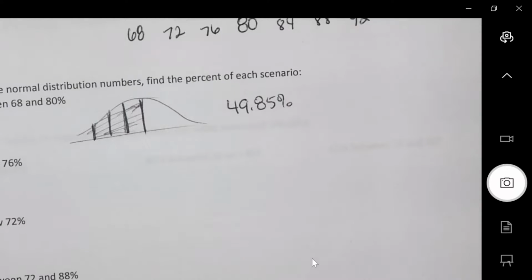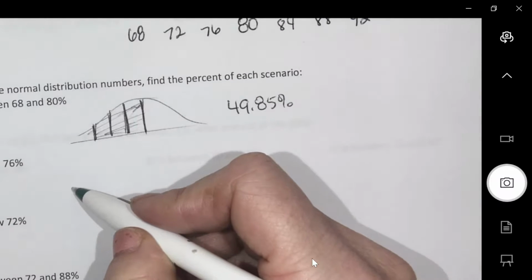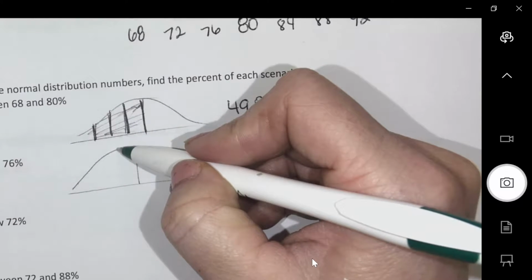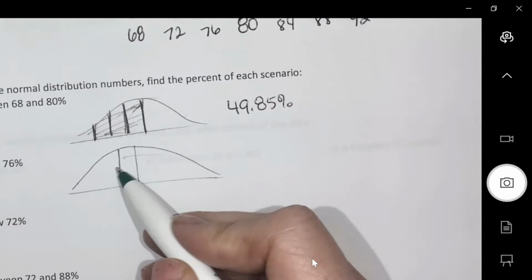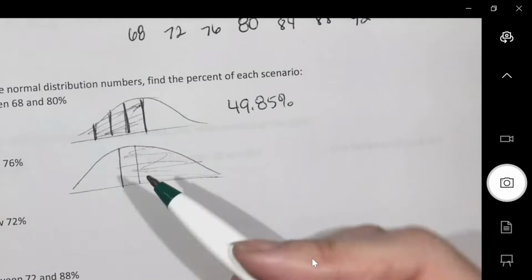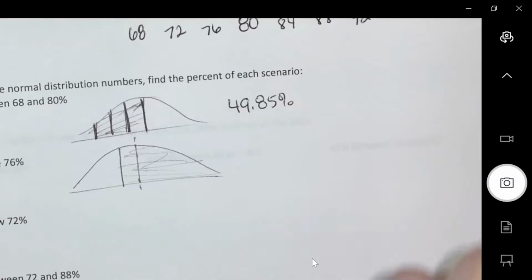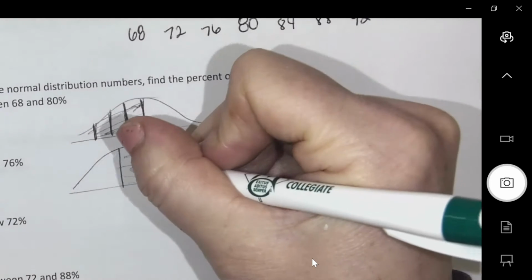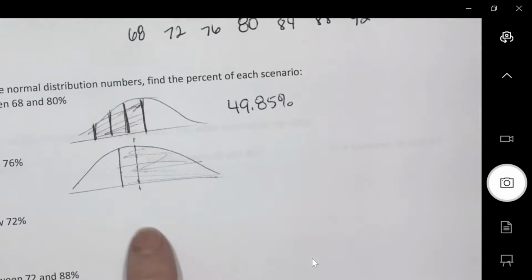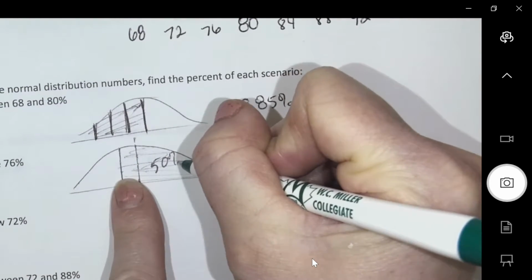Okay, above 76, this is what I'm looking for. So we should grab this little section and then add 50% to it, right?